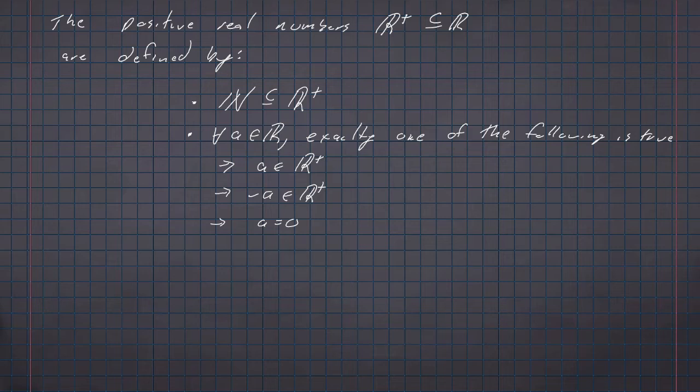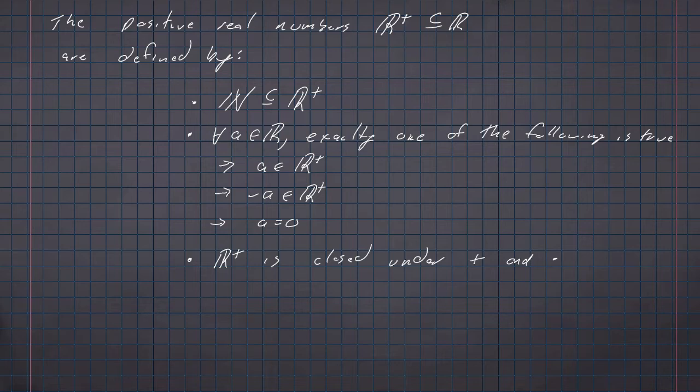We're getting to where we want to be. The last thing is that the positive real numbers are still closed. So if you add two positive numbers together, the result is positive. If you multiply two positive numbers together, the result is positive. It's a nice definition of positive numbers.